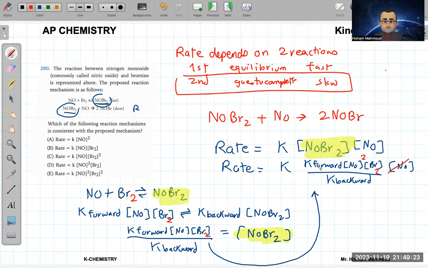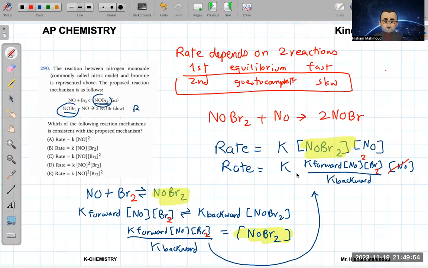Then I can cancel this one with this one. What I can cancel? The K of the forward with the K of the backward with this K. This is the combined rate constant incorporating K and ratio of K backward to K forward. So I will cancel again. I have the K. This is the K and this is the K forward and this is the K backward.